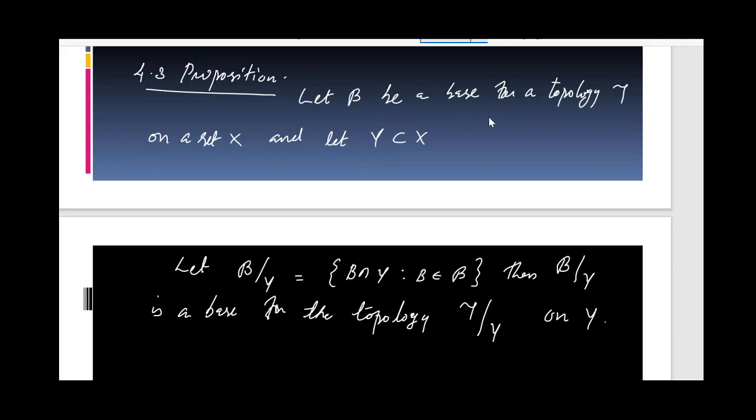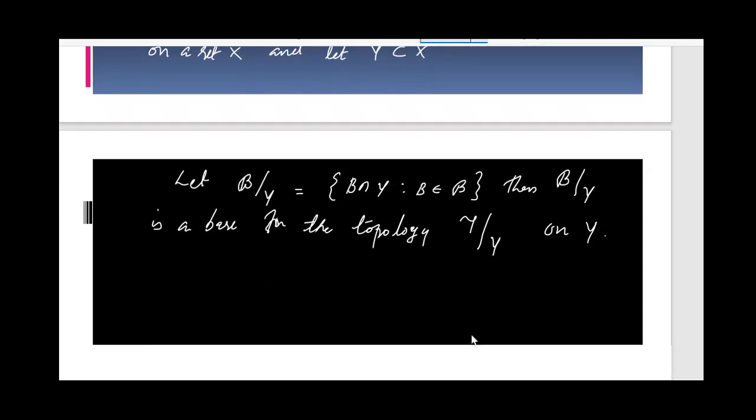If B is a base for a topology tau on a set X and Y is a subset of X, then script B restricted to Y is the set of all B intersection Y, where B belongs to script B. Then this B restricted to Y is a base for the topology T restricted to Y on Y. So let us prove it.